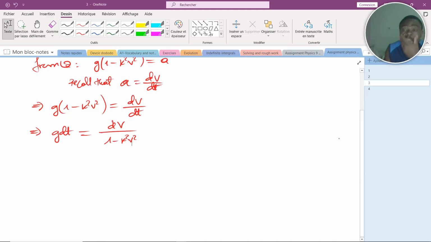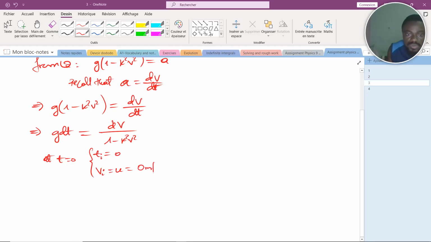Before integrating, we are supposed to find the initial and final conditions. We know that at t equals 0, the variables are time and velocity. At t equals 0, t initial is 0. And what is v initial? The initial velocity, v initial, which is equal to u, is 0 meters per second, since the particle is leaving from rest.